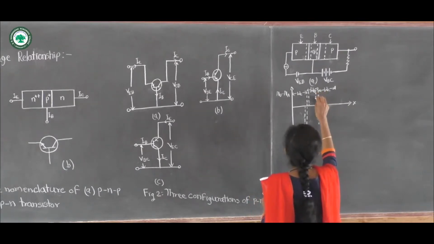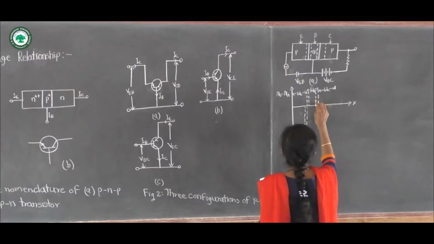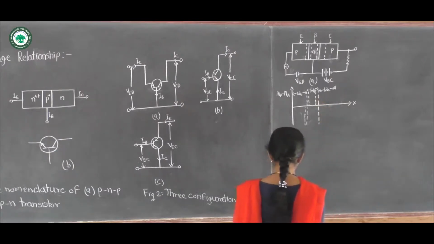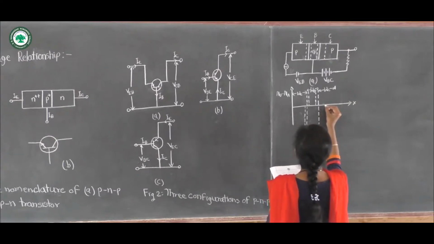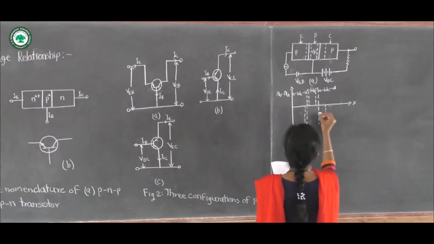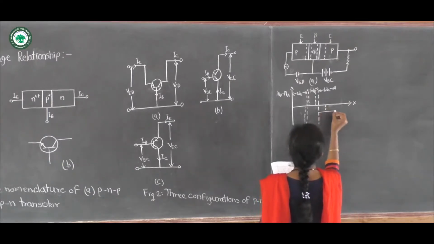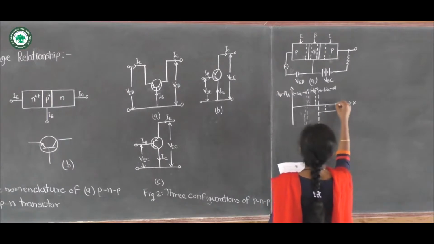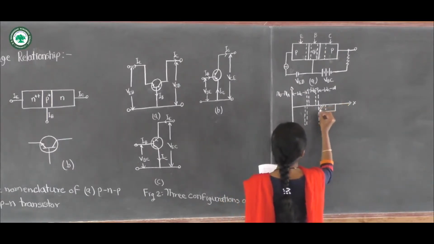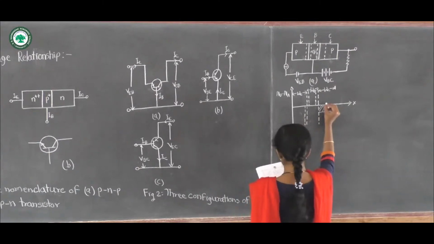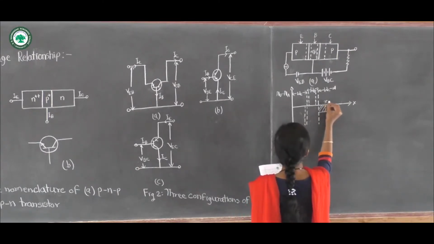And this is the width of the depletion region across the base and collector region. So this boundary is denoted as XC.